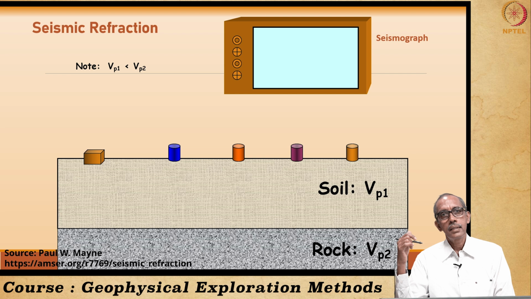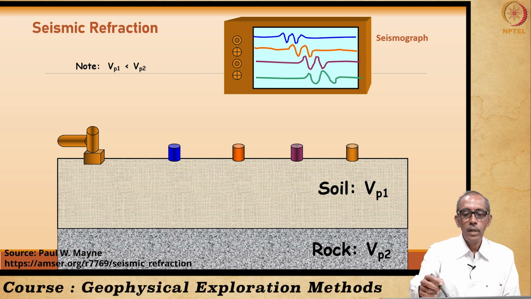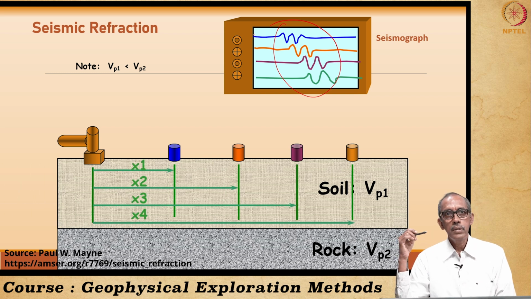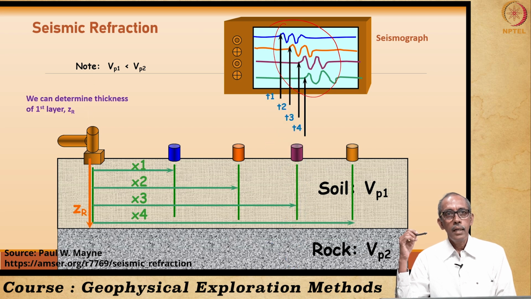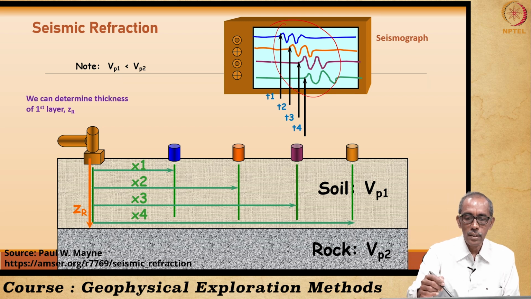As you can see in this simple animation, we have 4 geophones kept, and then we are giving energy. The energy passes through the earth and gets refracted, and the signals are received at the 4 geophones, right, at different times, and we know the distances of the geophones from the shot point, and we have the corresponding first arrivals, right.